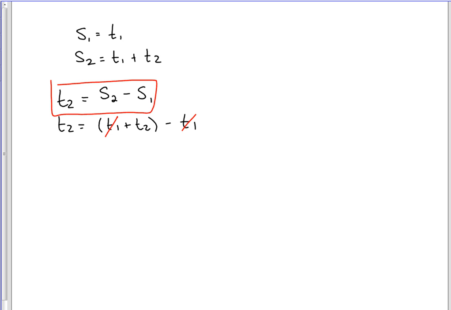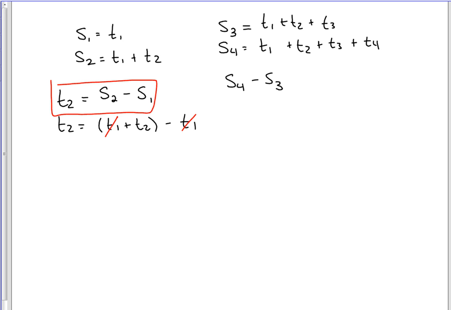Say I know the sum of the first three terms and the sum of the first four terms. S3 is term 1 plus term 2 plus term 3. Ahead of myself, just three terms. And S4 is all four. So what would S4 minus S3 be? If I subtract those, what would I be left with?